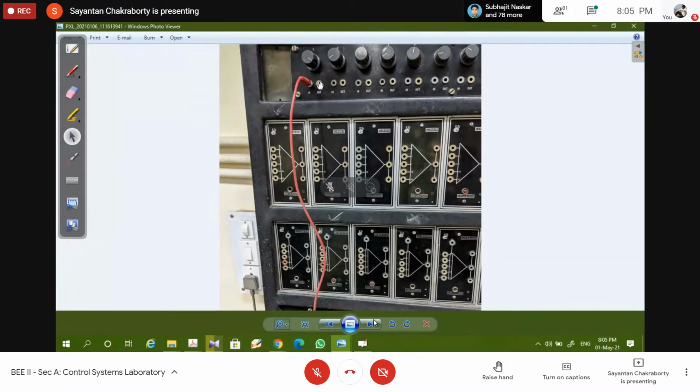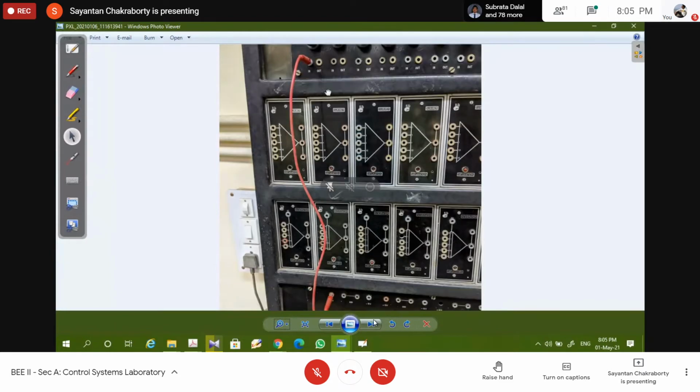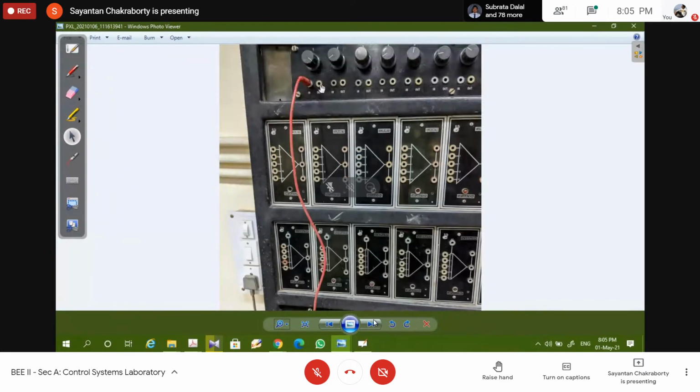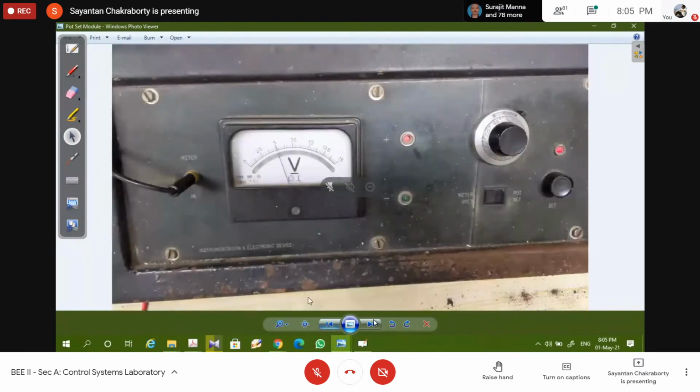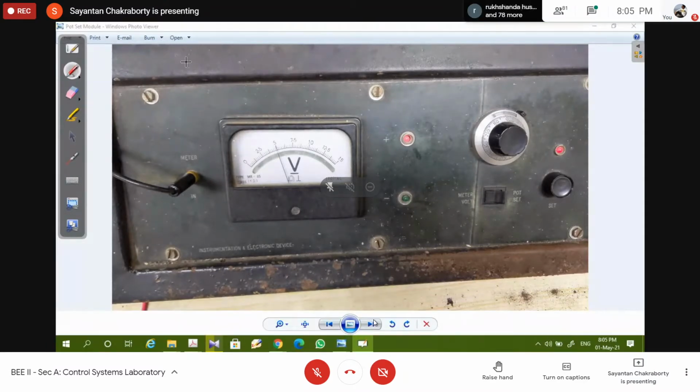I've connected the 10 volt supply to port 1, and I've connected the output of the port back to this meter. Now, if I put the toggle switch to the meter volt position and turn on, it will show you a value. That is the value corresponding to the pot position. So the output will be alpha times the input.